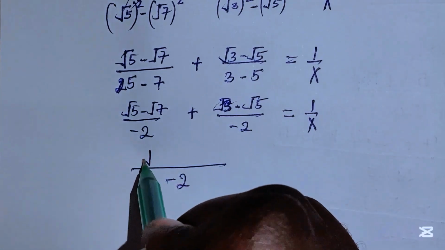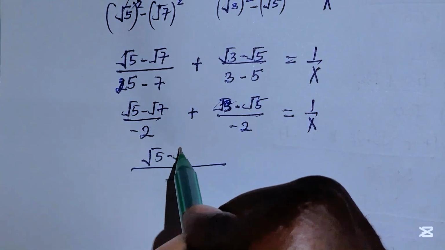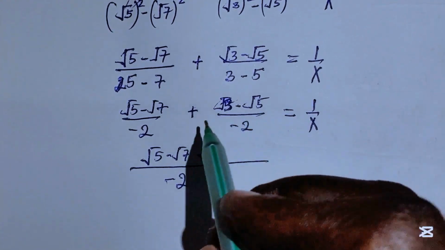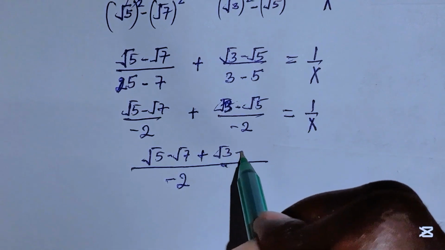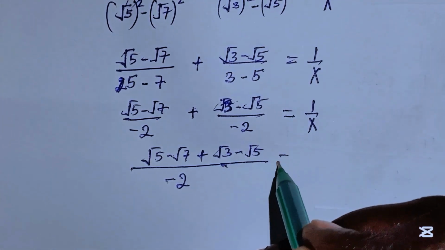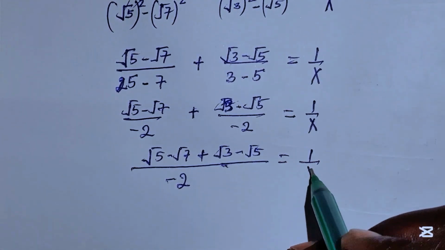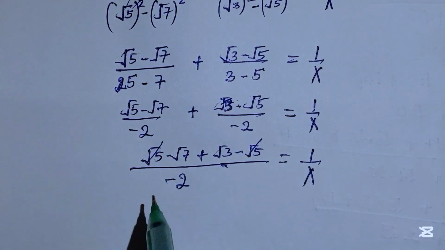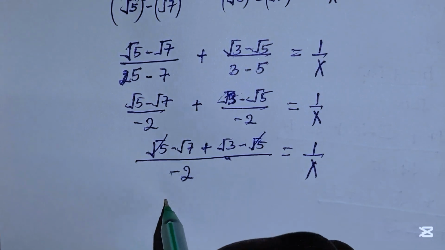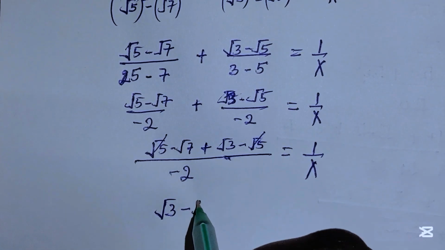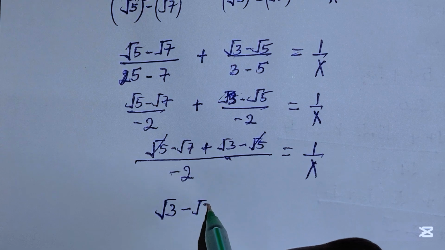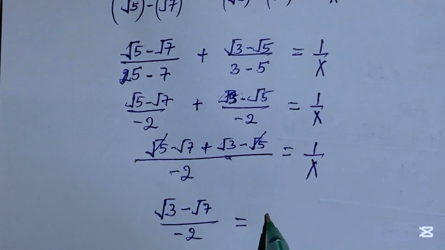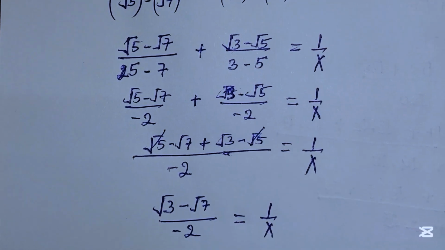Of course, square root of 5 minus square root of 7 plus, okay, square root of 3 minus square root of 5, which equals to 1 over x. Of course, square root of 5 will go to get square root of 3 minus square root of 7, okay, over negative 2 will be equal to 1 over x.